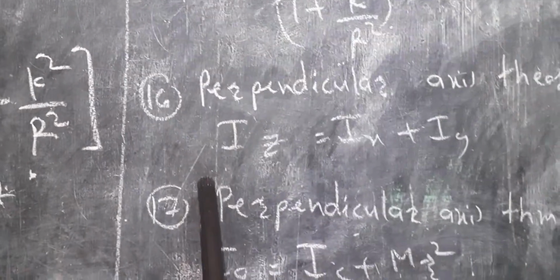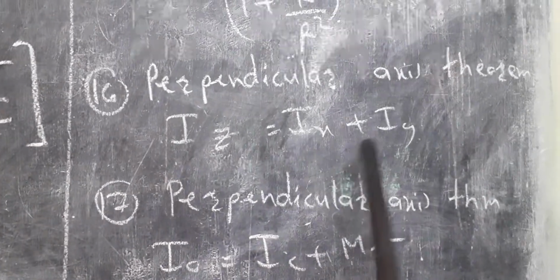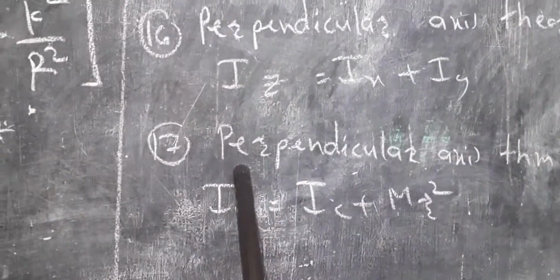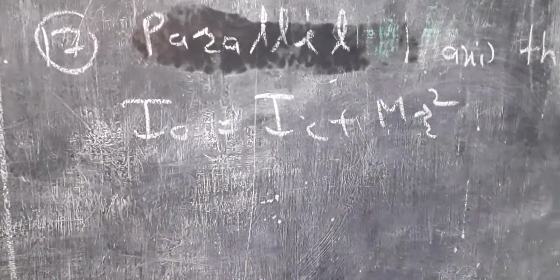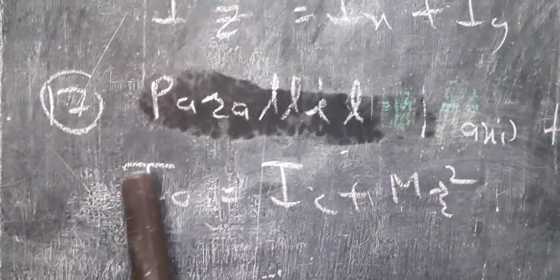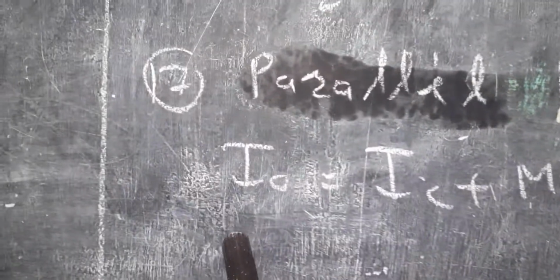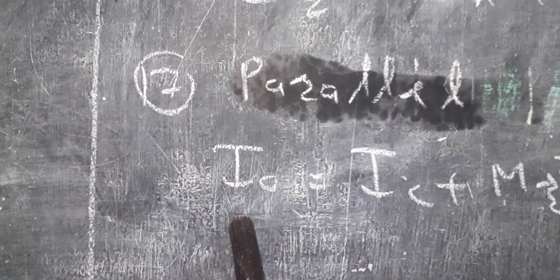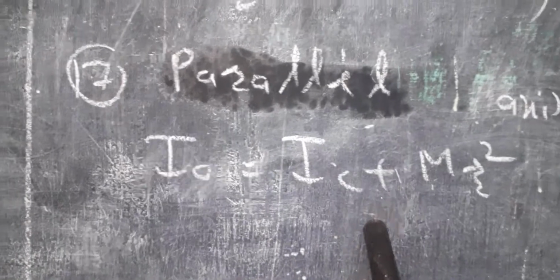Then we have seen the perpendicular axis theorem, Iz is equal to Ix plus Iy, and we have seen parallel axis theorem, IO is equal to Ic plus mr square, where IO indicates moment of inertia about any point and C indicates center of mass.